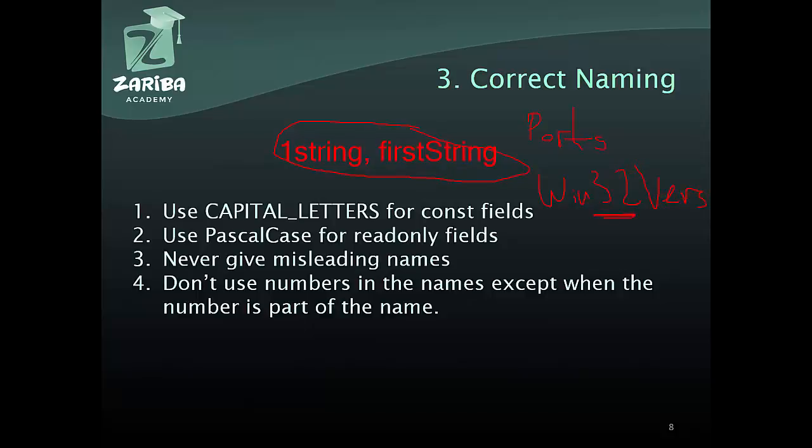So here, it's a part of the name, right? So you can use it. Can you now guess something else which has numbers? System32. Okay, fine. Agent 007, yes, that's a part of the name as well. Right, okay, we are done.